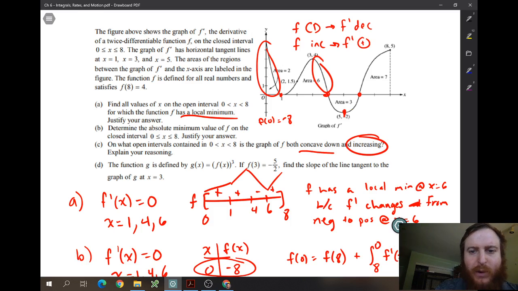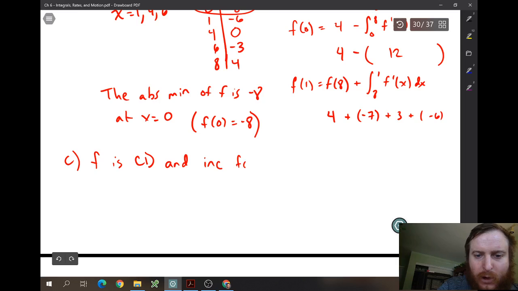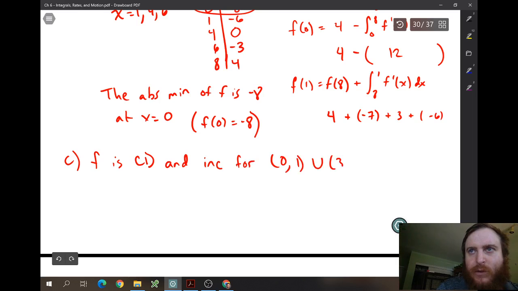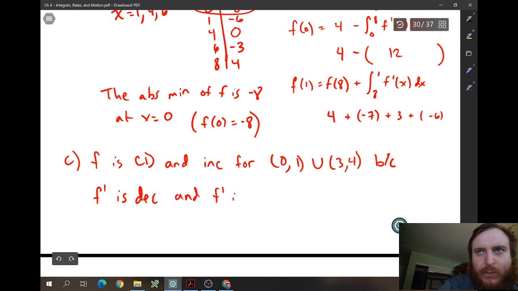So we will say that f is concave down and increasing for 0 to 1 union 3 to 4, because we're connecting it to f. So f prime is decreasing, that takes care of the concave down part, and f prime is positive on these intervals.